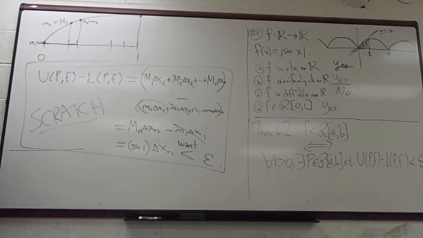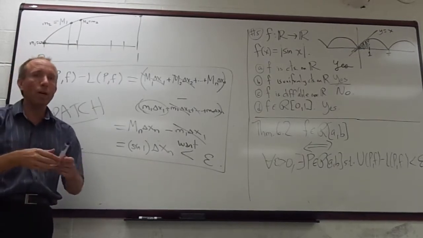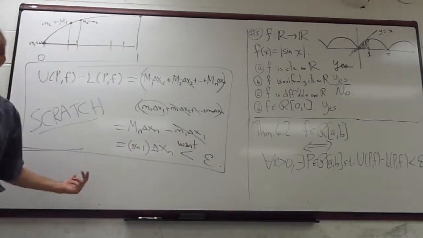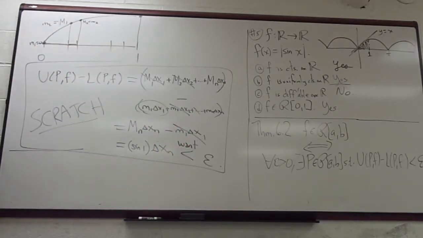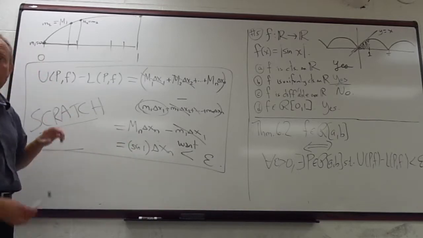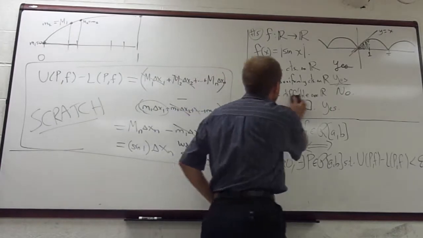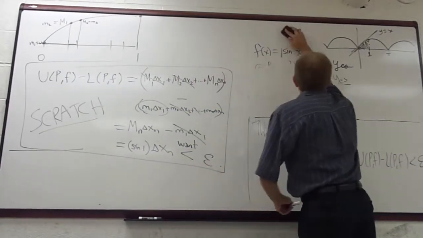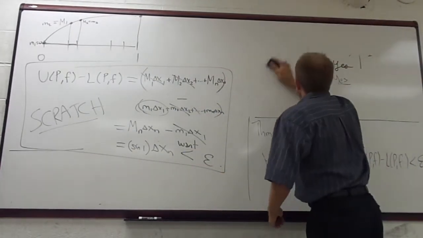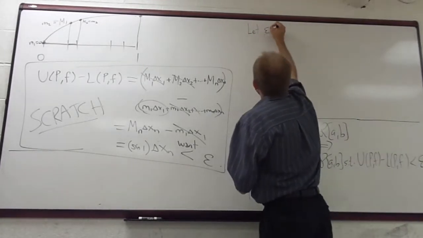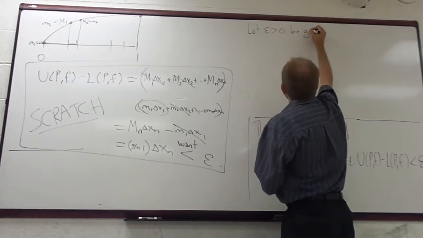You start with an epsilon and you work backwards and you find what? N naught or a delta, and now we're finding a partition, right? So this is really the scratch work. So the actual proof then, I guess I can erase this top part here. The actual proof is simply going to start off with let epsilon greater than 0 be given.